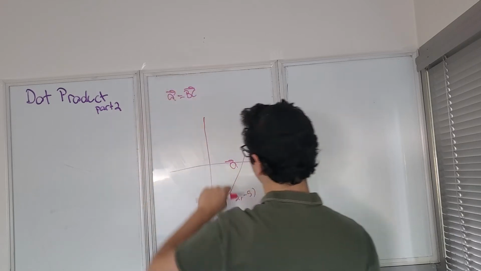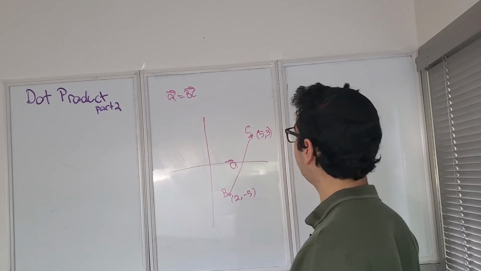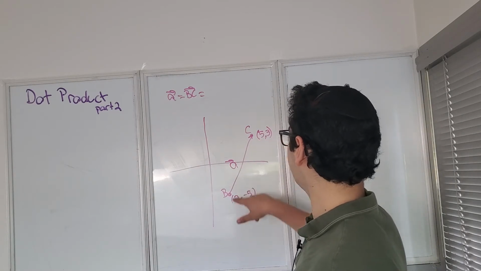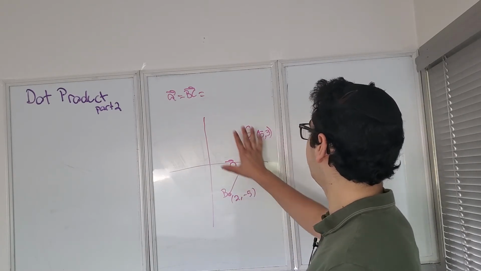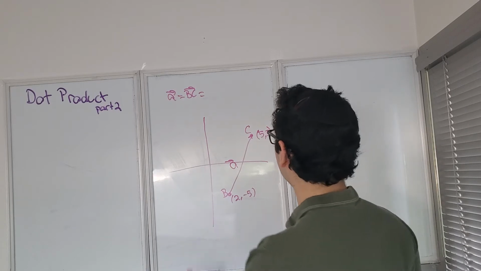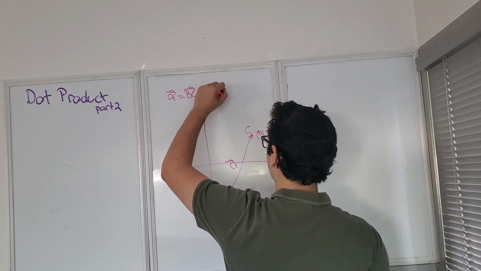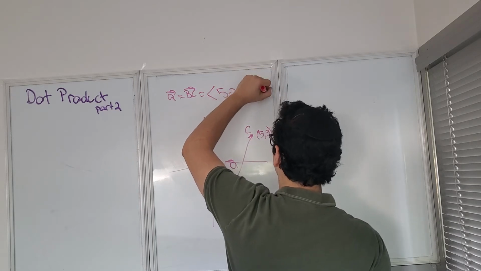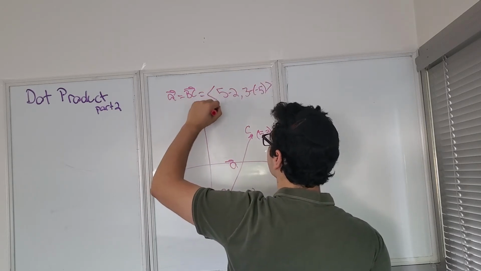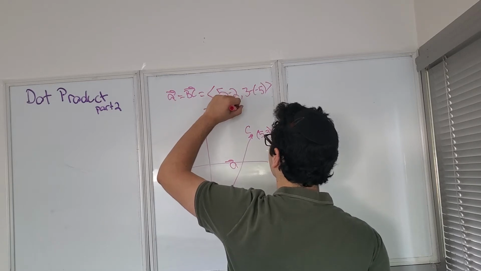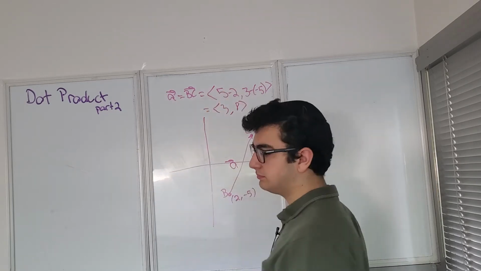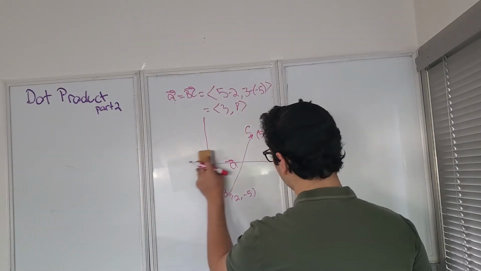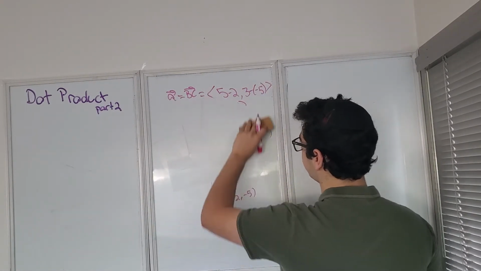So vector A is equal to the vector from B to C. If I subtract B from C, I should be able to recenter it. So it's 5 minus 2, comma, 3 minus negative 5, which equals 3, comma, 8.